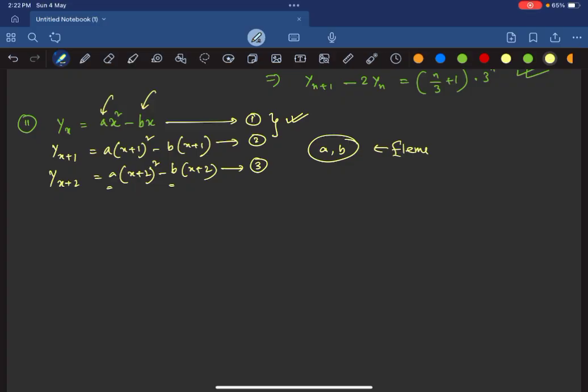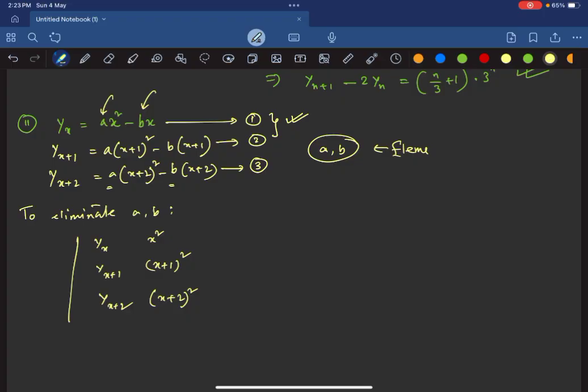Another way is using the concept of determinant. In that case you need to take this determinant. To eliminate a and b, we can take help of this determinant: y_x, y_{x+1}, y_{x+2}. Here we have x square, (x+1) square, (x+2) square.